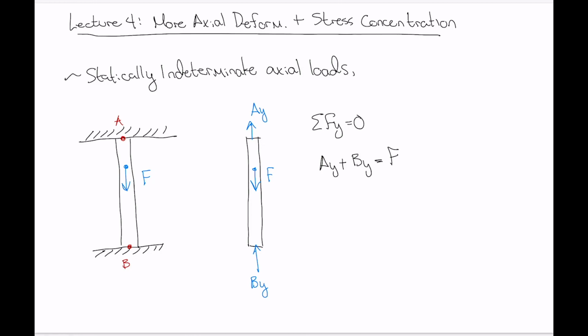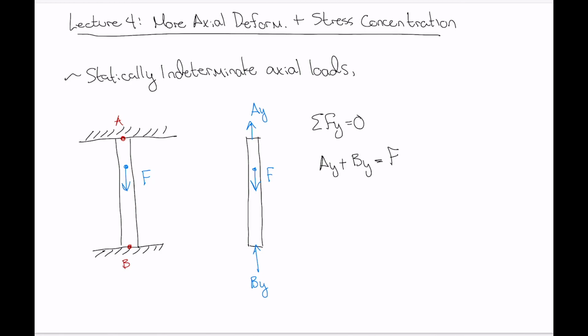Well, no, because we can actually write one other equation that we know to be true with the knowledge that we've already learned in the first 3 lectures. So the other equation comes from axial deformations, the axial deformation equation that we learned last lecture.